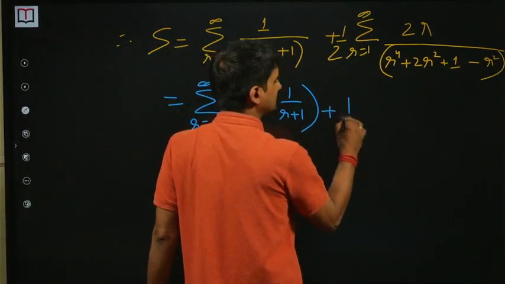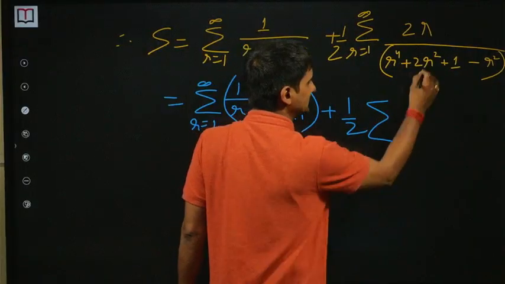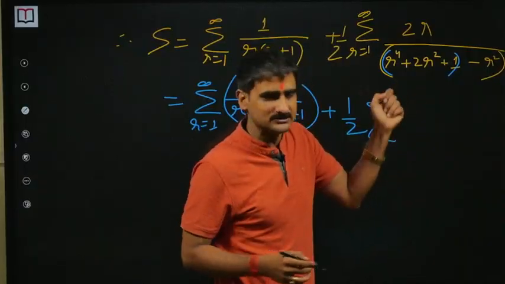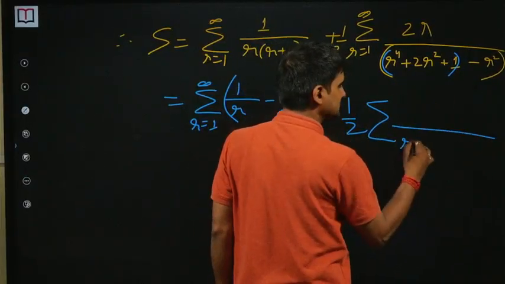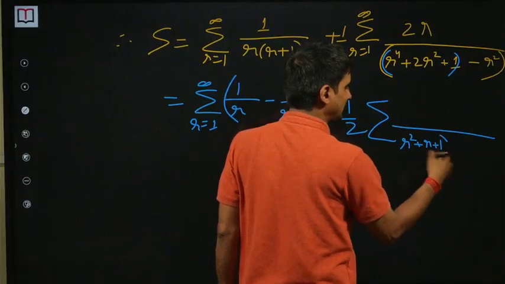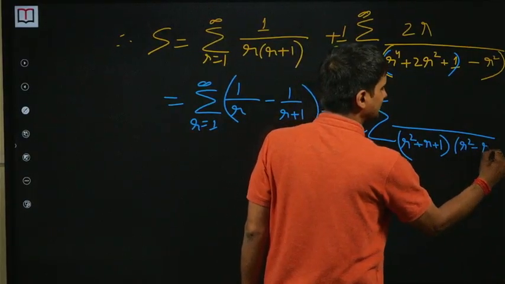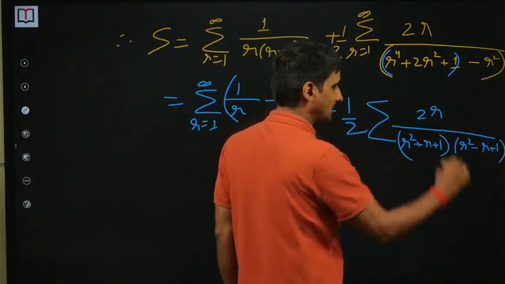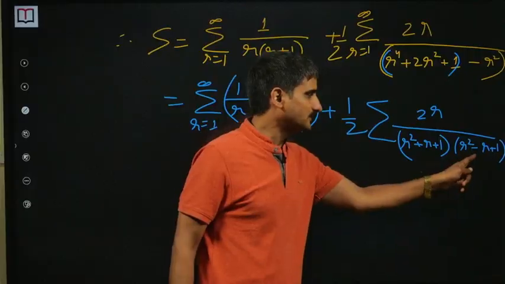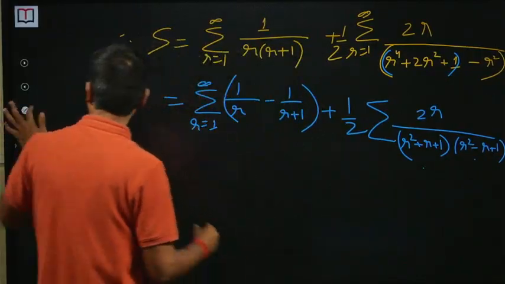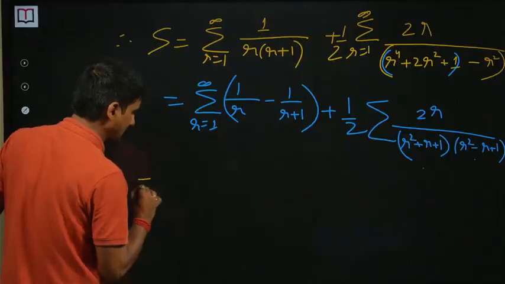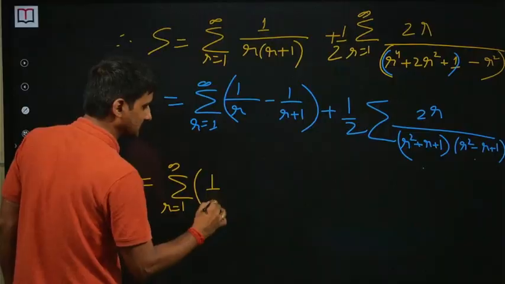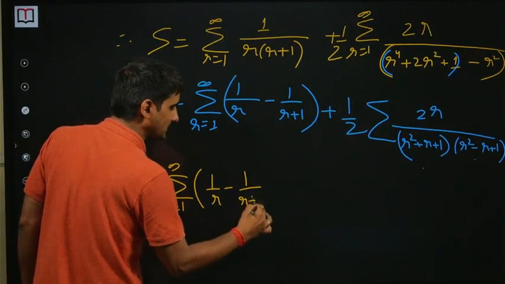Here it is half times summation. So this is a square, it's (r square plus 1) whole square, b square, so it's (r square plus r plus 1) and (r square minus r plus 1), a plus b into a minus b. And then this is 2r. Now 2r is nothing but the difference of these two. So hence we can write the entire series as the difference of two term series in two different forms.